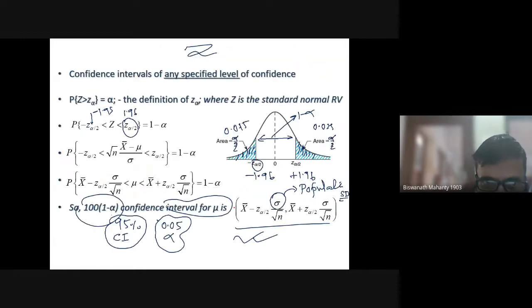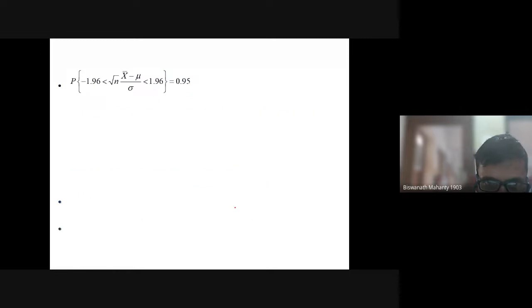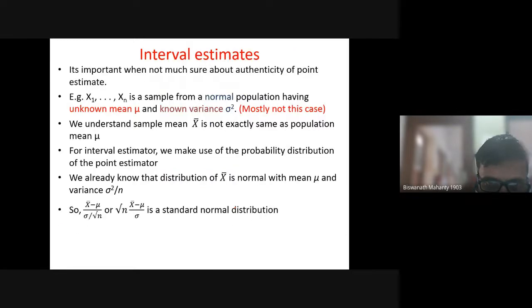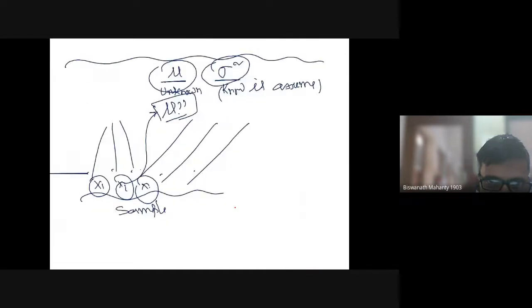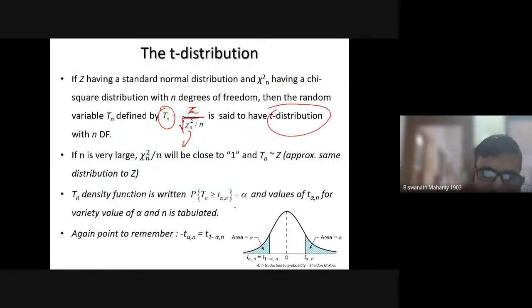Now coming back here. So when I say T distribution, what will be the T distribution? Z by the root of chi-square by n. That is called the T distribution.